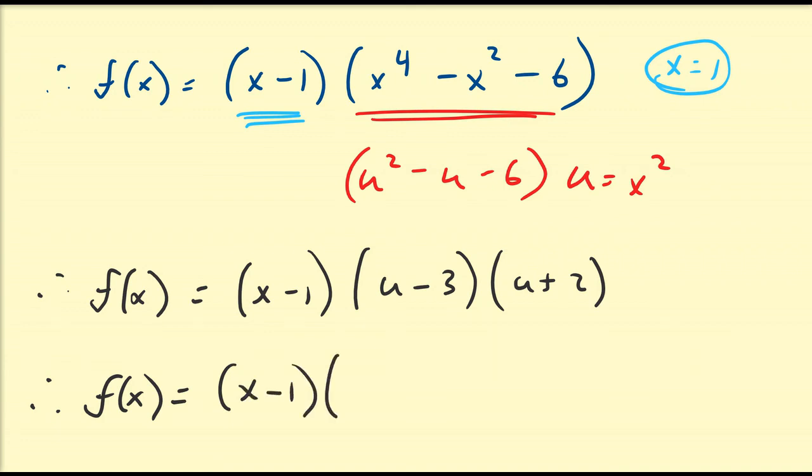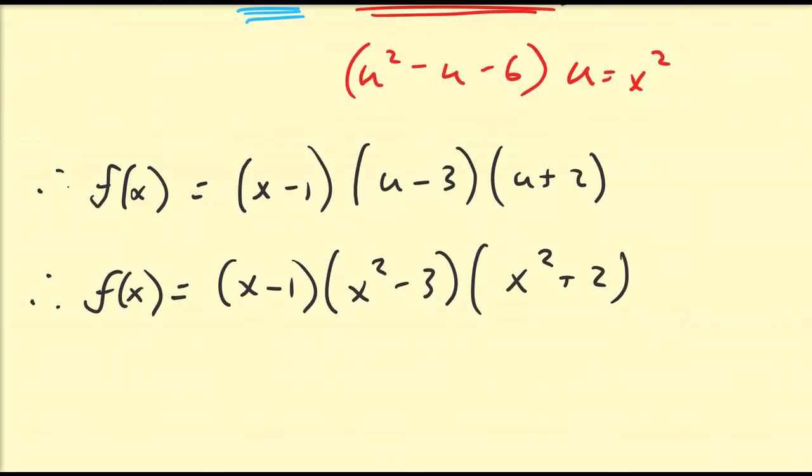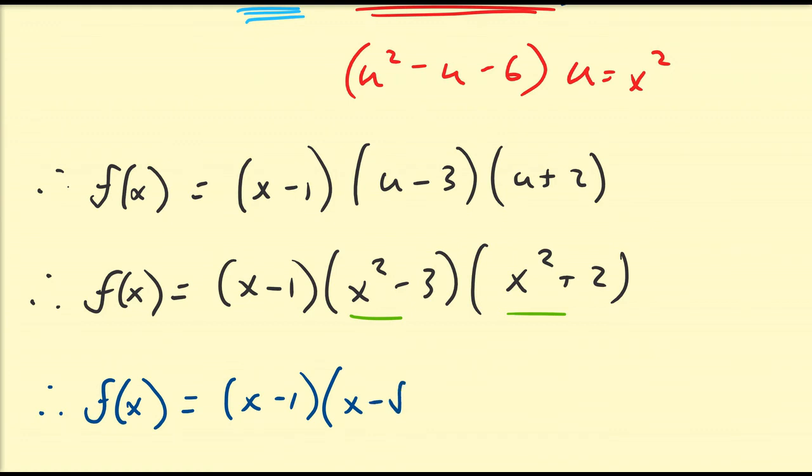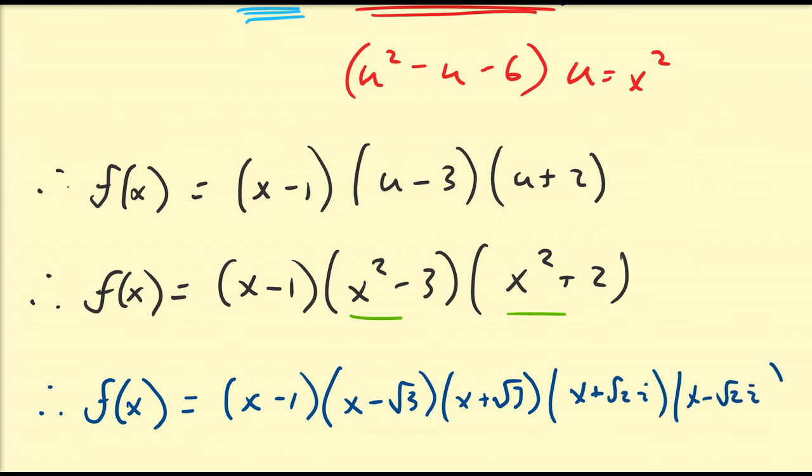So we have x minus 1, x squared minus 3, and x squared plus 2, right? We can use our difference of squares and sum of squares relationships for this. So we have f of x is equal to x minus 1, x minus root 3, x plus root 3, and then x plus root 2i, and then x minus root 2i.